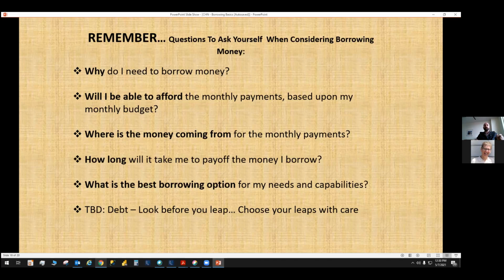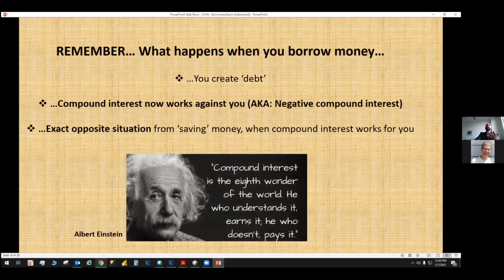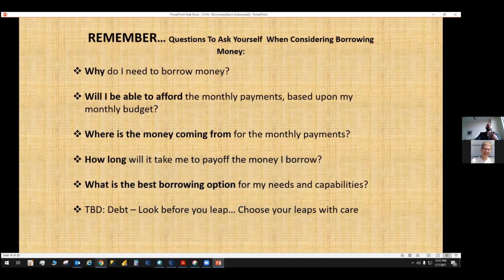It's not going to be one-to-one, but it will model it closely enough that you'll get an idea of what to expect and what questions to ask when you're sitting across from a lender at their desk. So as Suzanne said, the last two slides are really just to sum up here.